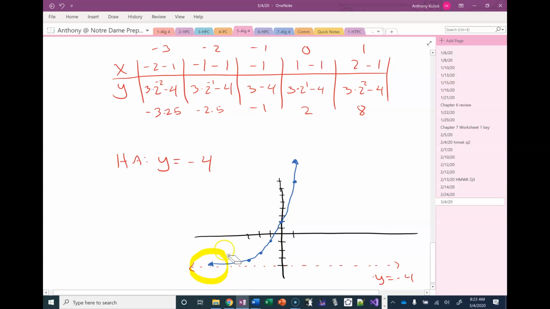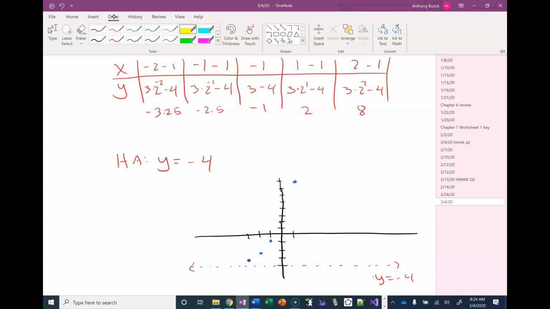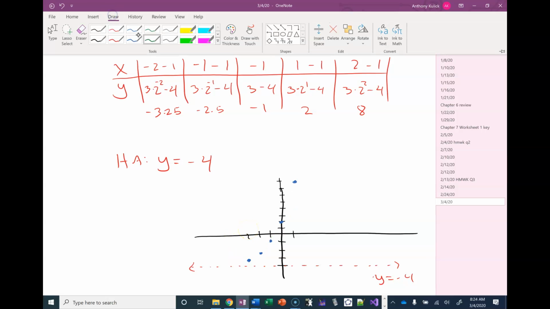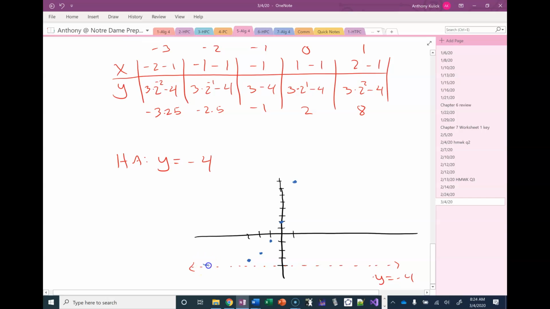Things I would mark off for is if you drew your graph and it looked like this, or you drew your graph where it looks like when you extend your line, it would cross the asymptote. Make sure you draw enough of your line so that I can tell that when you extend your arrow, it would not be crossing the asymptote.